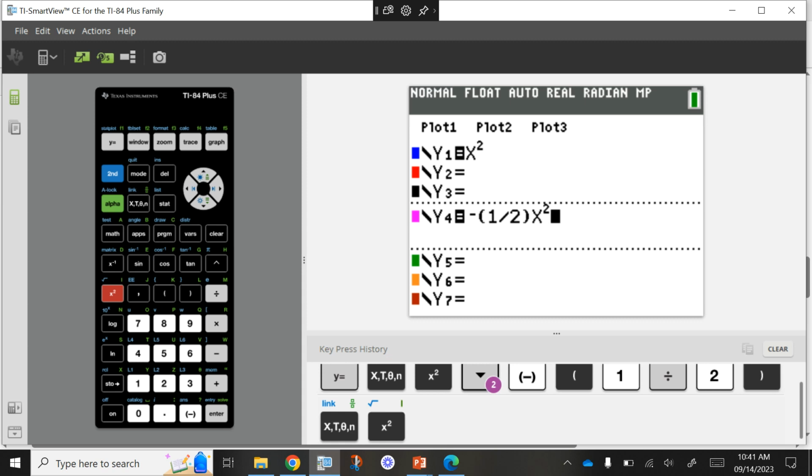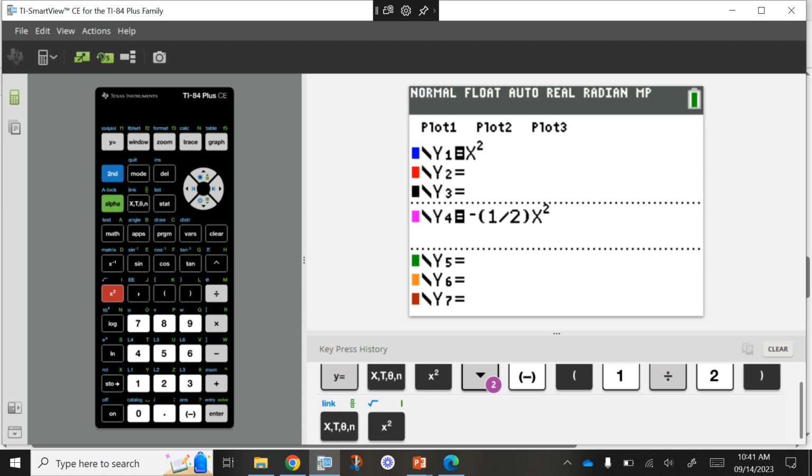If you have a color calculator, you can pick your color. Okay. Once you have this, I want you to push graph. You have to do 1 divided by 2. Yes. All right, push graph.